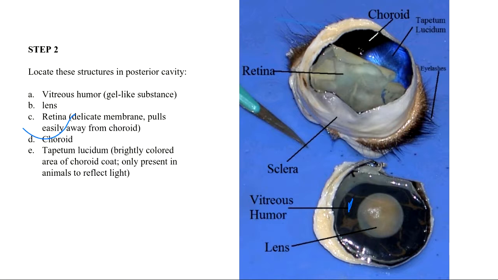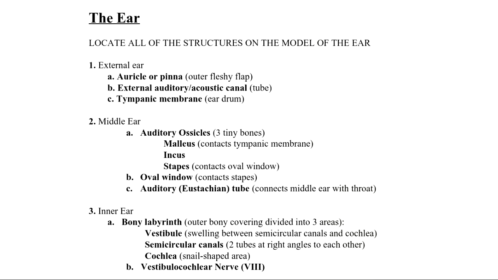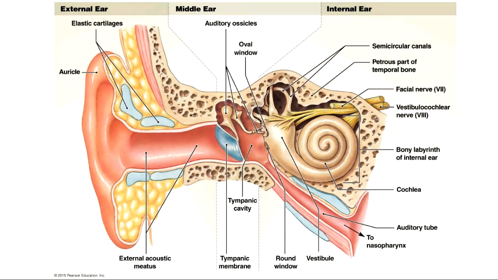And then finally, the last thing is the ear, just identifying the different structures on the external, middle, and inner ear. And you can see they're all pretty clearly labeled in this slide. We have really nice models where you can see all these structures. Almost looks exactly like this image here. And so, as you can see, the external ear is out here, middle, and then internal ear structures.